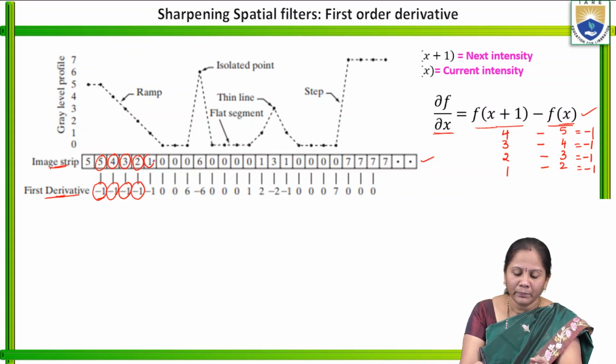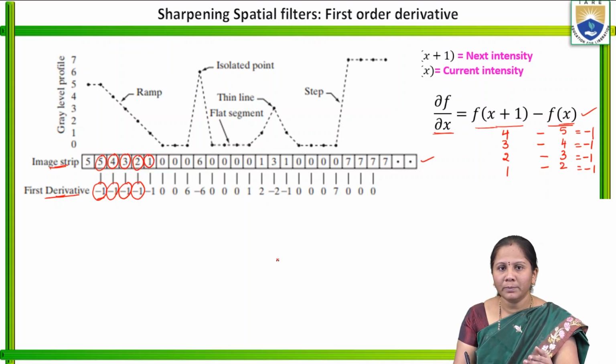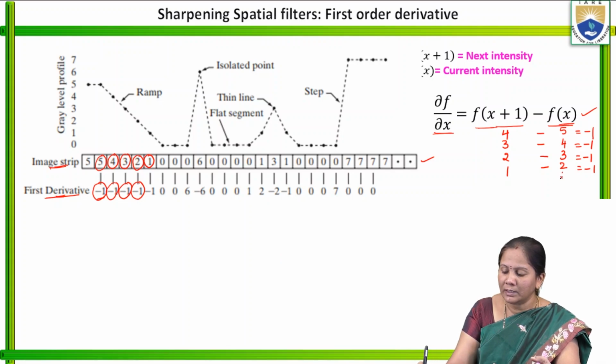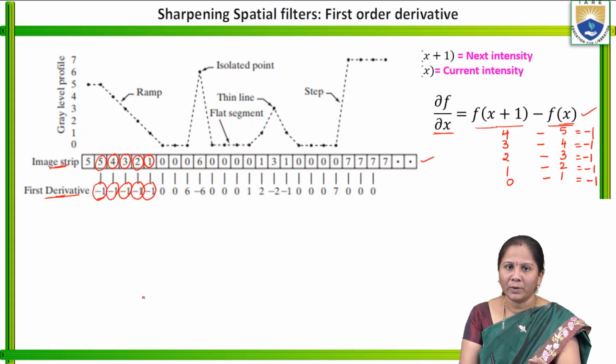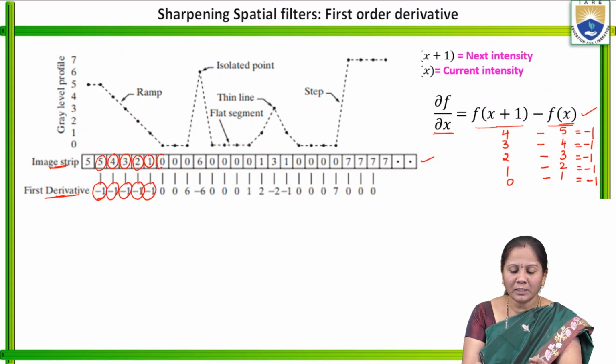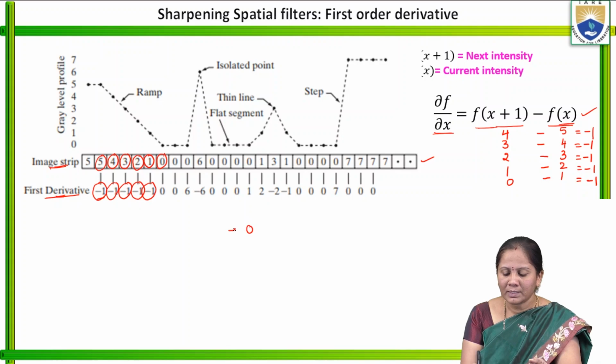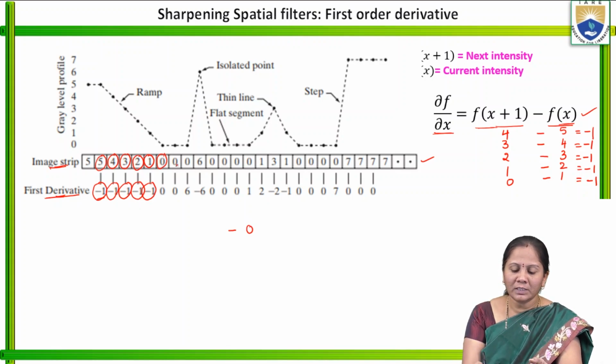And here, considering the next value in the strip, that is 1, as the current intensity, the next value that is available, f of x plus 1, is equal to 0. So here 0 minus 1 is equal to minus 1. So that's why on the strip we got minus 1. And next, considering 0 as the current intensity, the next intensity value for this 0 is again 0.